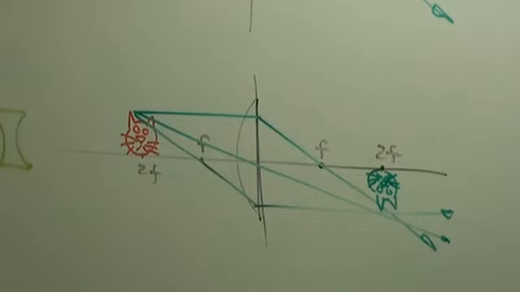Okay, you're seeing a lot of similarities between this one and the mirror, right? It's the same. That's a lot of opposites. It's just on the right side instead of the left side. It's virtual.